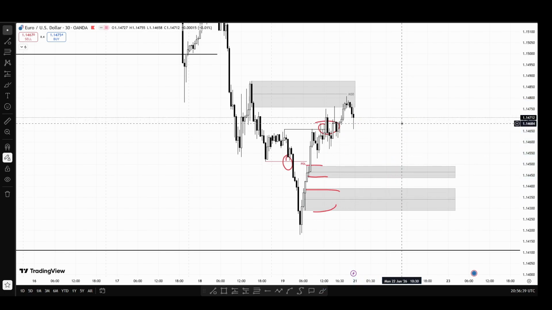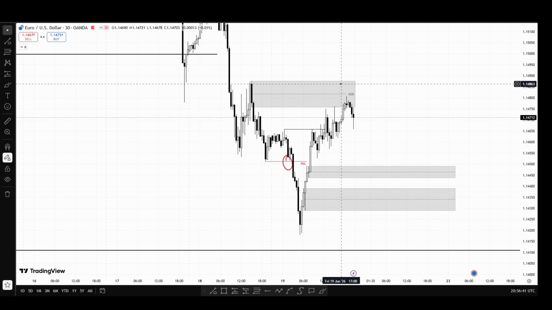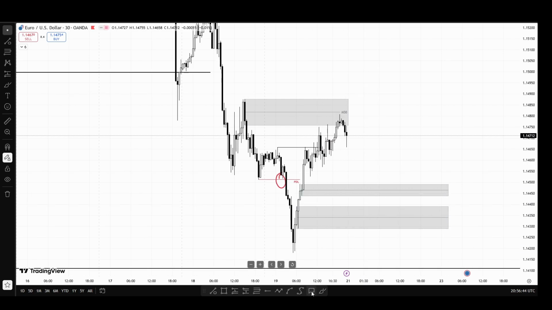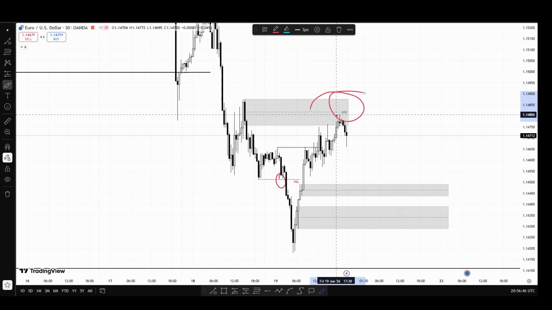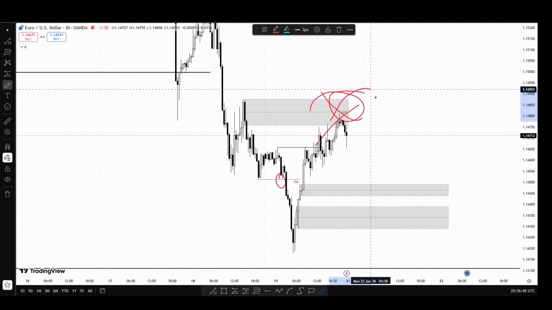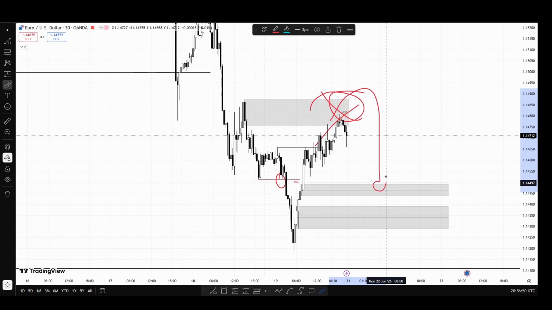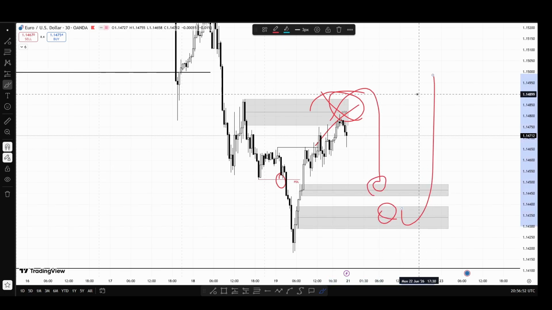Okay, so we'll get a higher probability trade if this opposing other block here, which is the supply zone, fails. Then we will reverse to mitigate another block and then we buy to the upside.